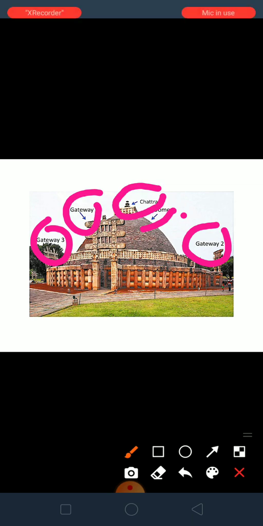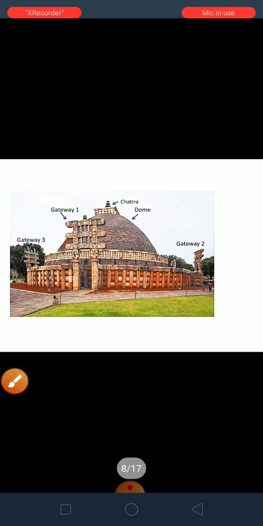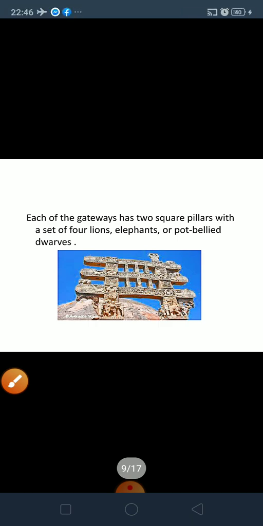This is the outer wall and this is the inner wall which surrounds the dome. Each gateway has two square pillars with a set of 4 lions, elephants or pot-bellied dwarfs.